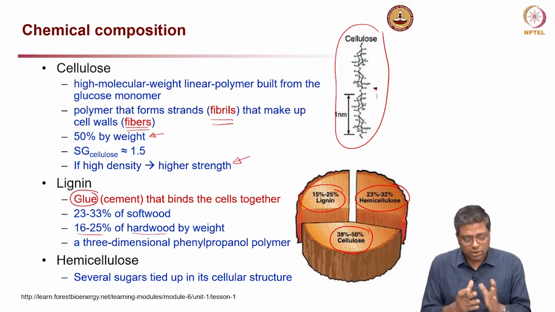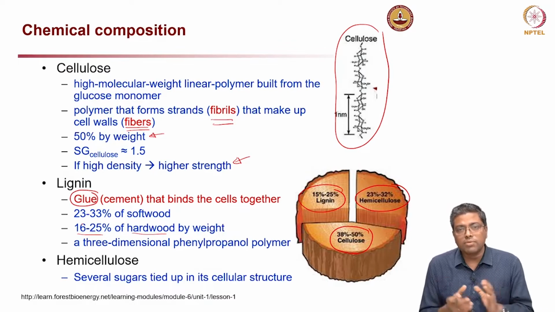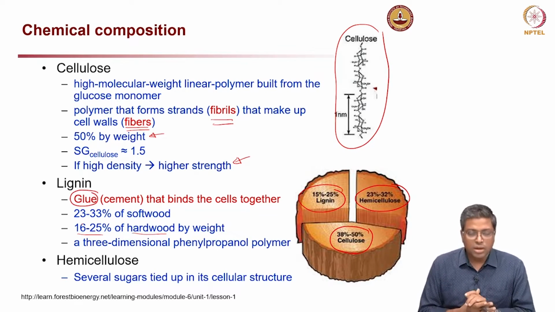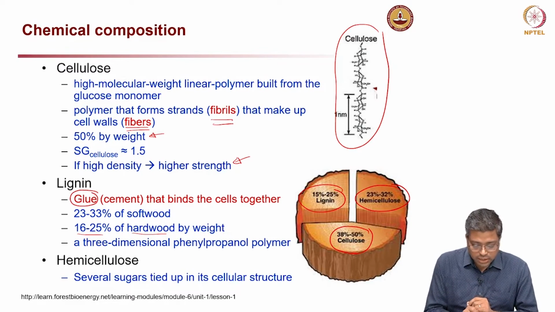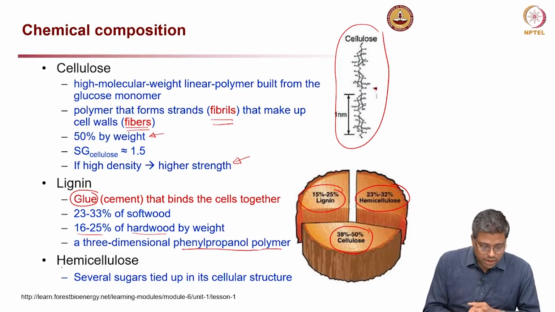These numbers, I am not expecting you to memorize, because this will vary from wood to wood, but just to have a ballpark idea about how much is the composition. Now, what is lignin? A 3-dimensional phenyl propanol polymer. Anyway, this is the general idea only.